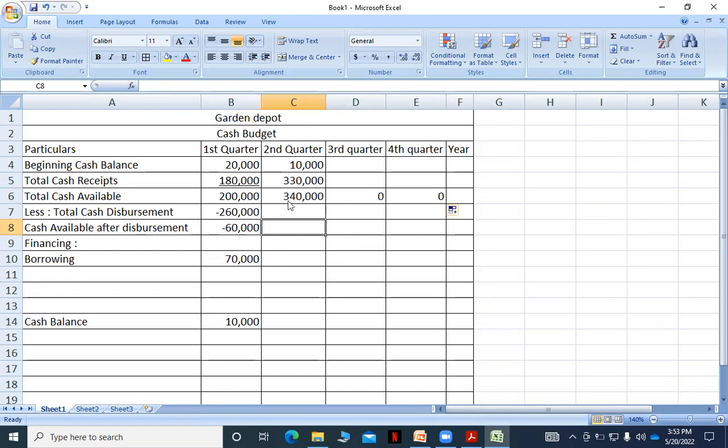So total cash available is 3,40,000, right? 3,40,000 is available for cash.